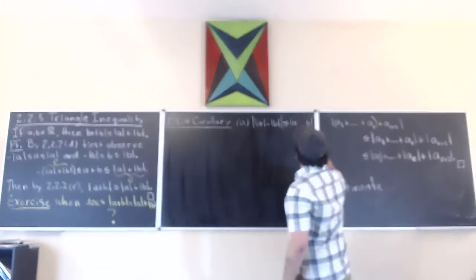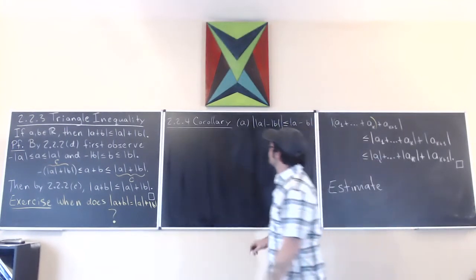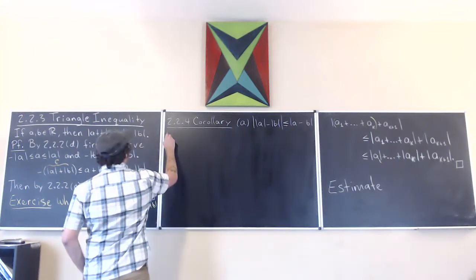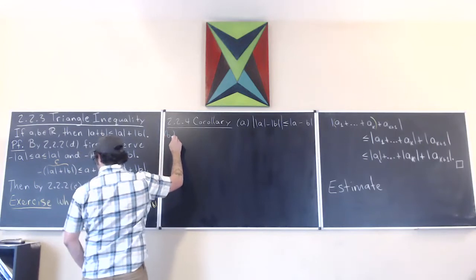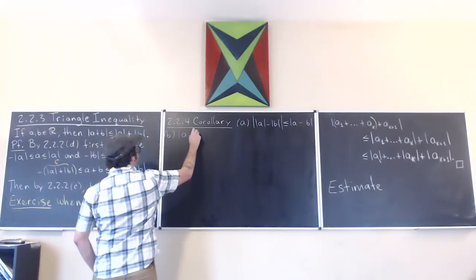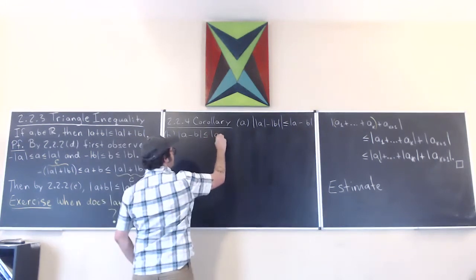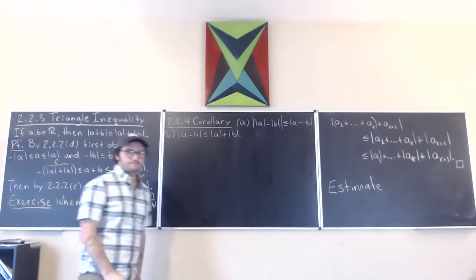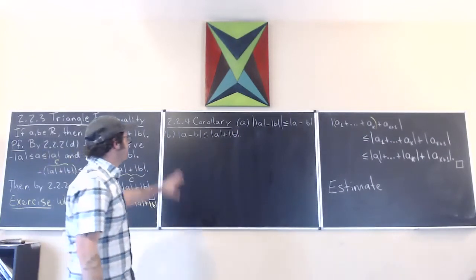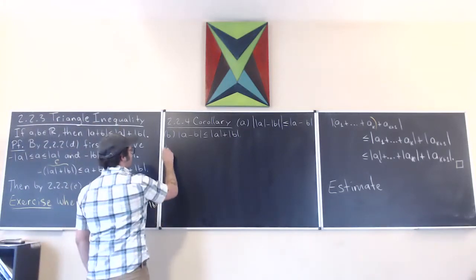There we go. The absolute value difference. So that's a lower bound on the difference. And then for part B, we have that the absolute value of A minus B is at most the sum of the absolute values. These are immediate consequences of this theorem here, and I can show you the proof.